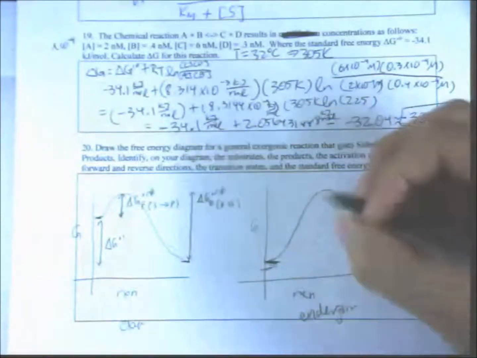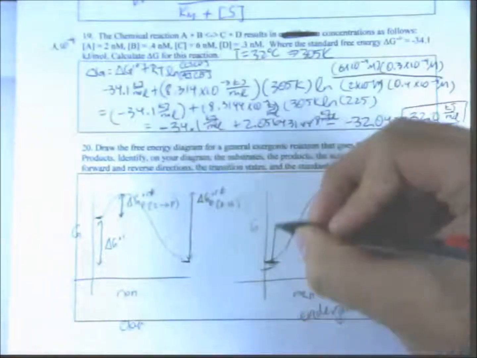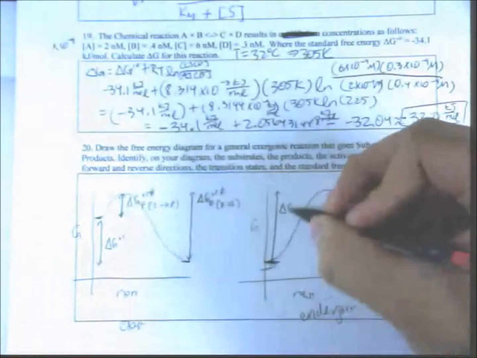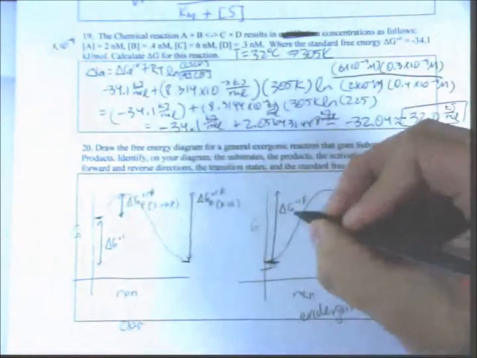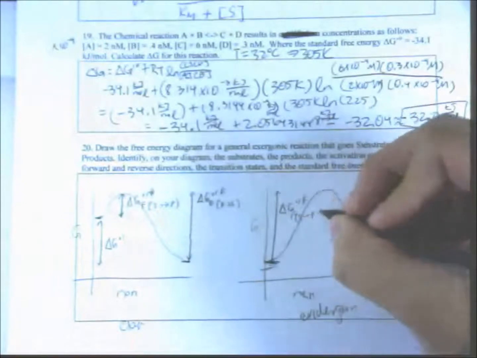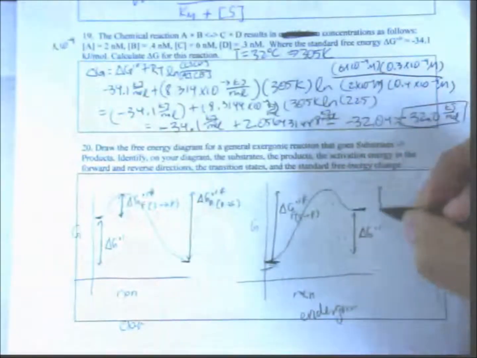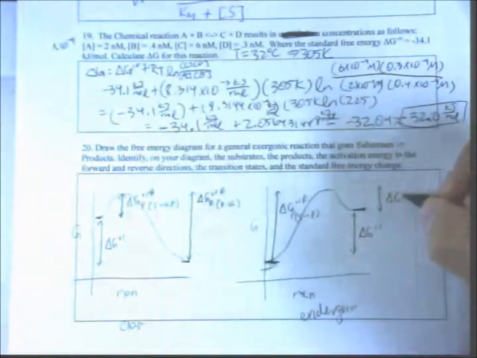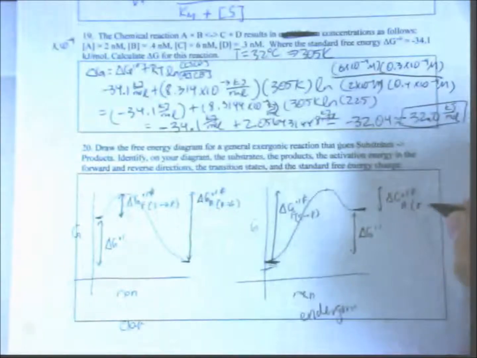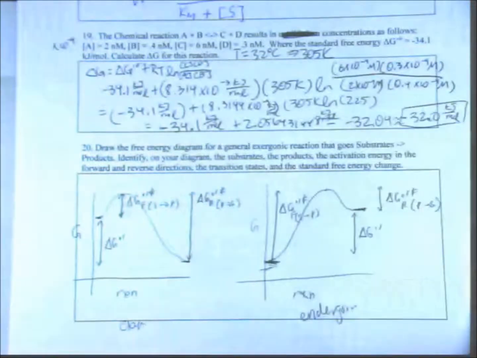Delta G standard. From the substrate to the top of the hill is delta G standard transition state forward, right? S to P. And from the product to the top of the hill, it's delta G standard transition state reverse. Right? Be able to draw that.